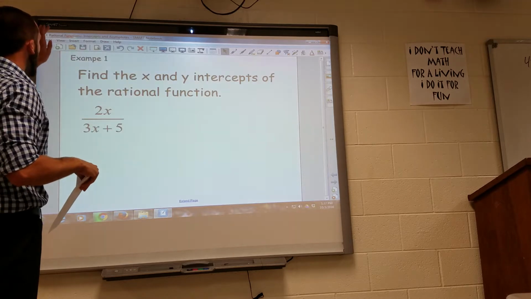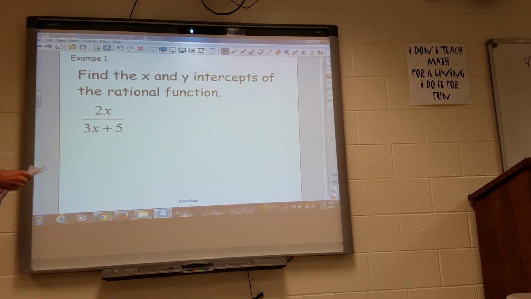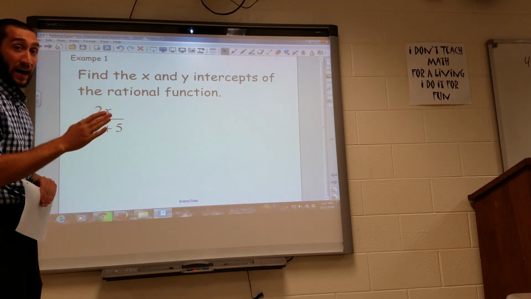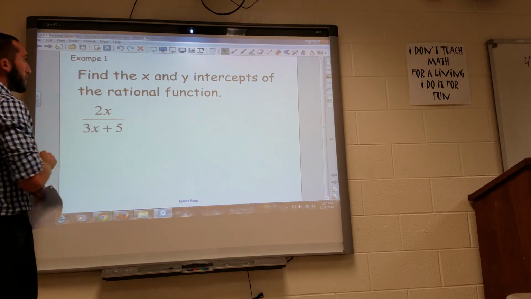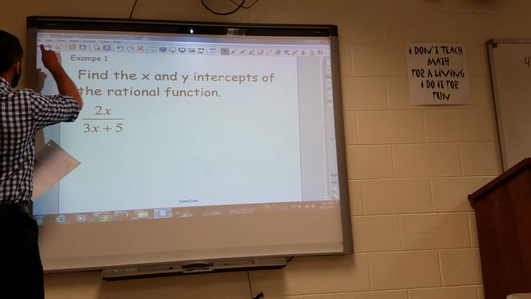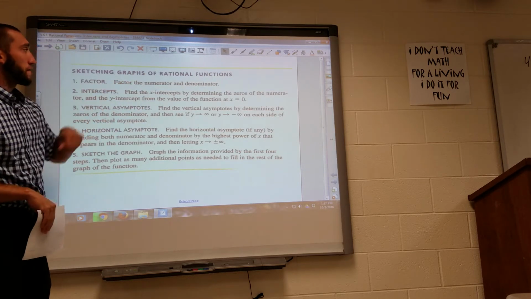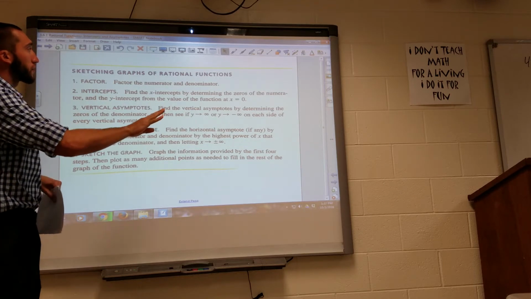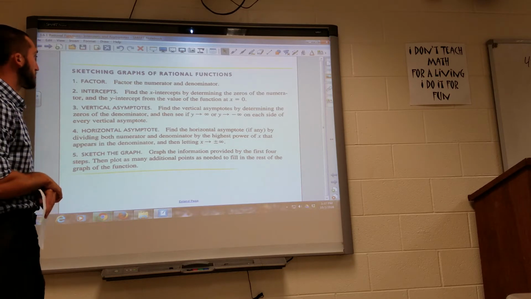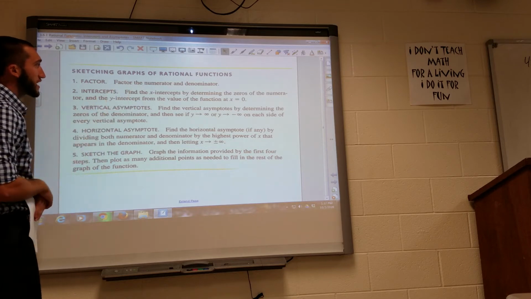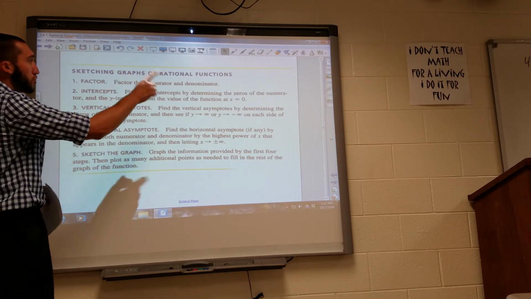So let's go ahead and move on to the first example. Here they want us to find the x and y intercepts of the function. Our chart said the first thing we want to do is factor the numerator and denominator. That's the first step whenever we're dealing with rational functions. Then we find the x-intercepts by determining the zeros of the numerator.